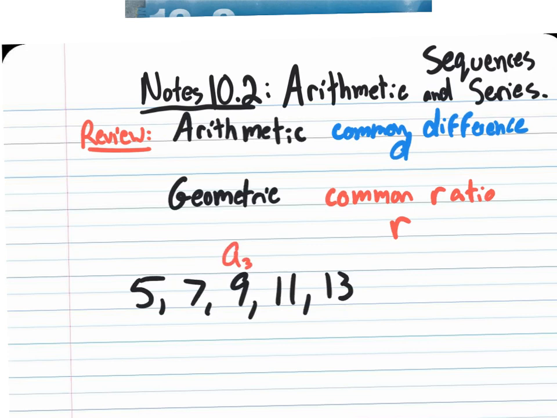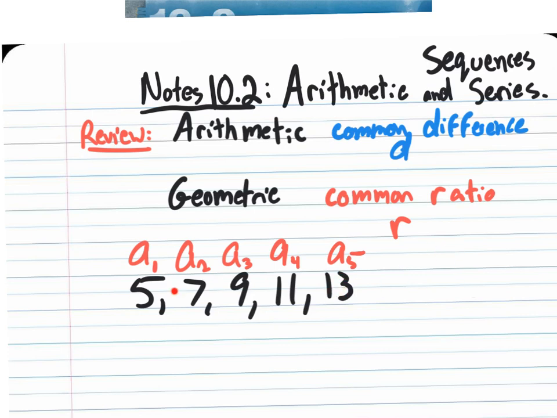That's just the position. A sub 3 means the third number. Likewise, a sub 1 would refer to the number 5, a sub 2, a sub 4, a sub 5. This is all just notation, so we know what we're talking about. So if I tell you find a sub 7, that would mean the 7th number on this list.